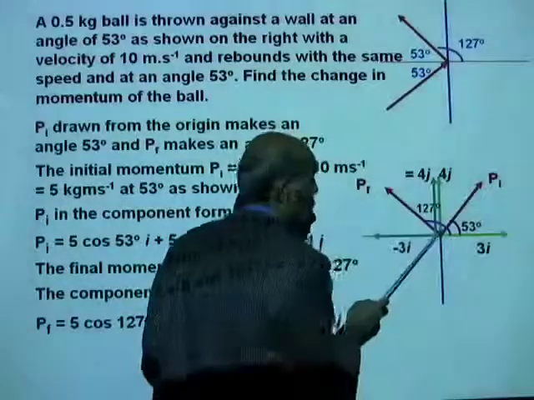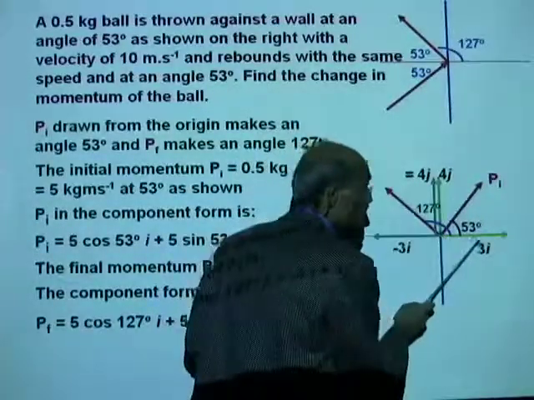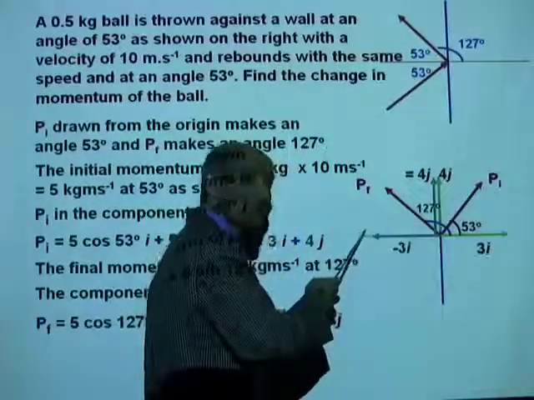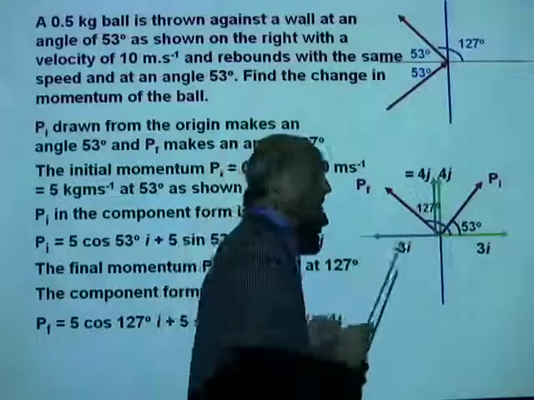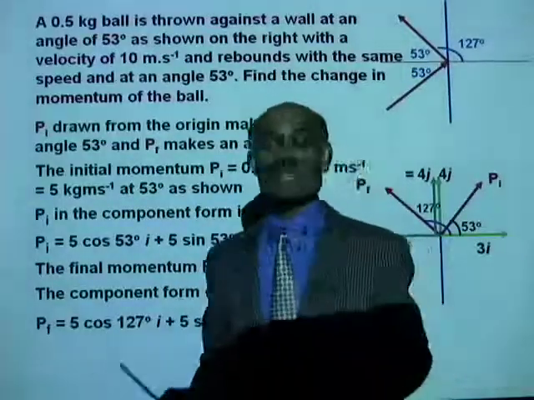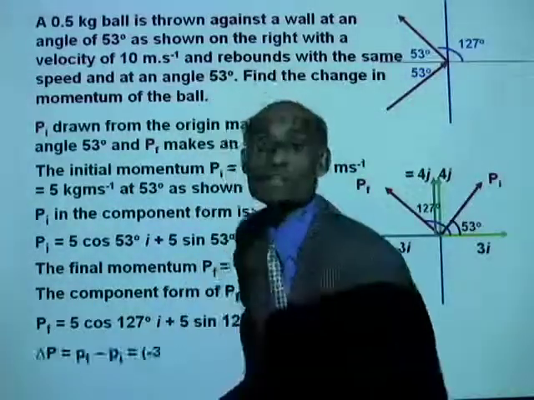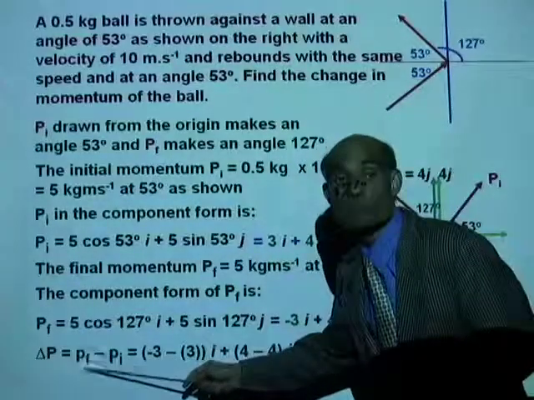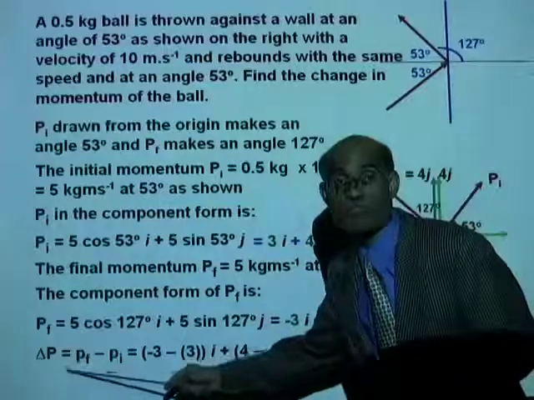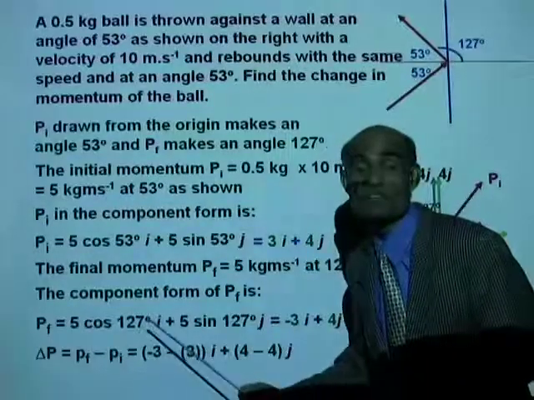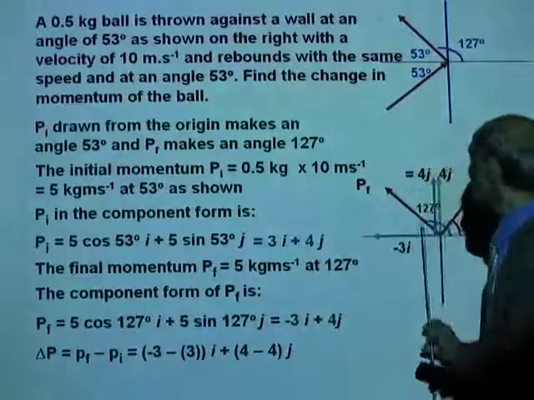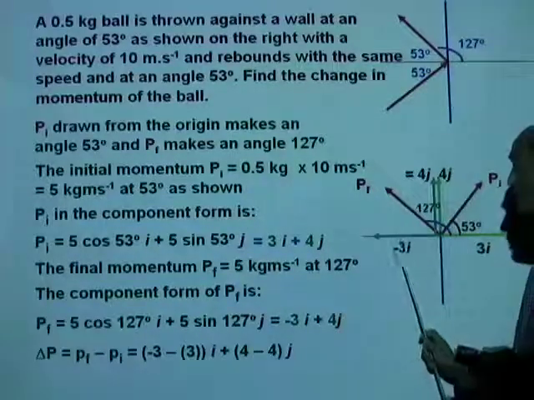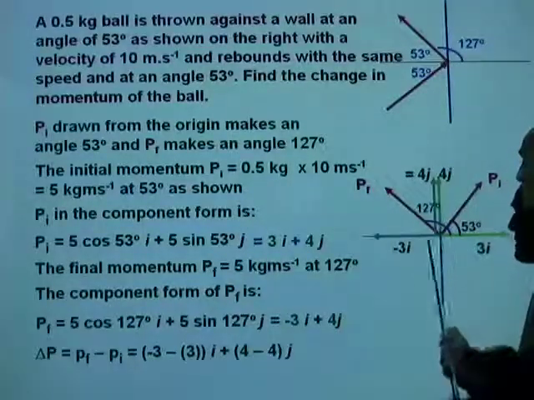But the initial momentum in the x direction is 3i. The final momentum in the x direction is negative 3i. And therefore, there is a change in momentum in the x direction. So delta p is pf minus pi, final momentum minus the initial momentum. And we will do that for the x and y separately. What is the change in the x momentum?